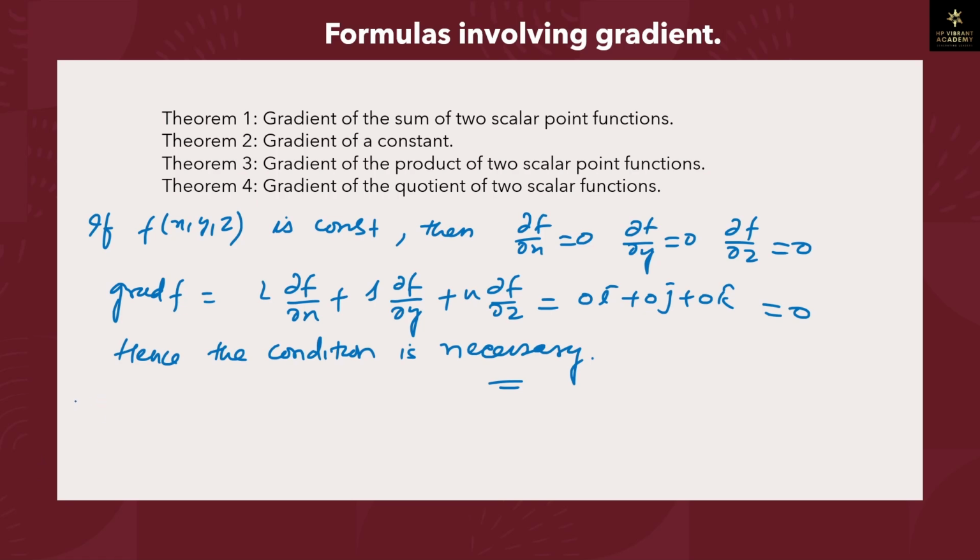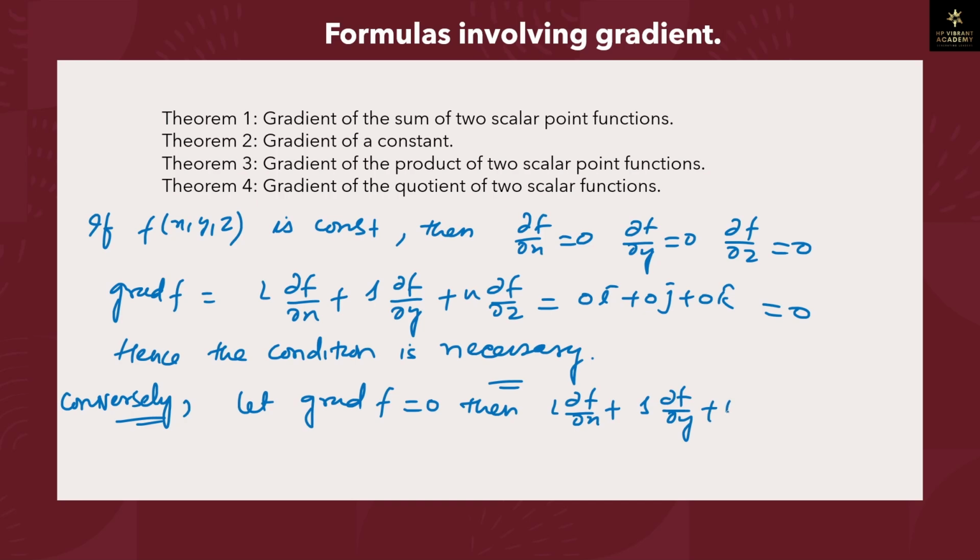Secondly, conversely, I will write down the theorem. Conversely, let gradient of f be equal to 0. Then i del f upon del x plus j del f upon del y plus k del f upon del z is equal to 0.